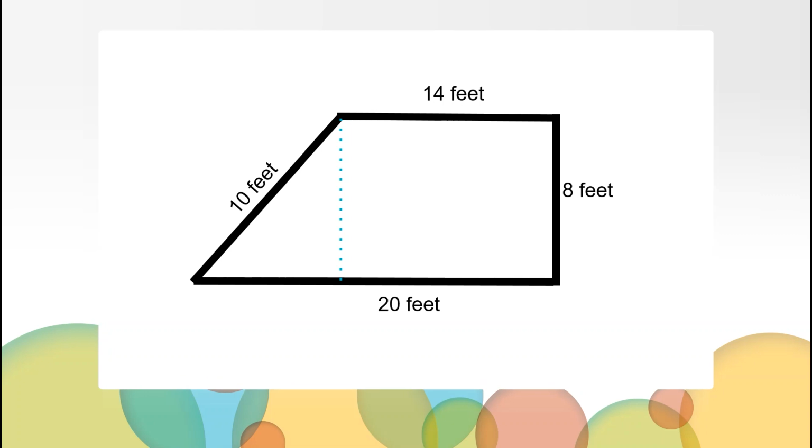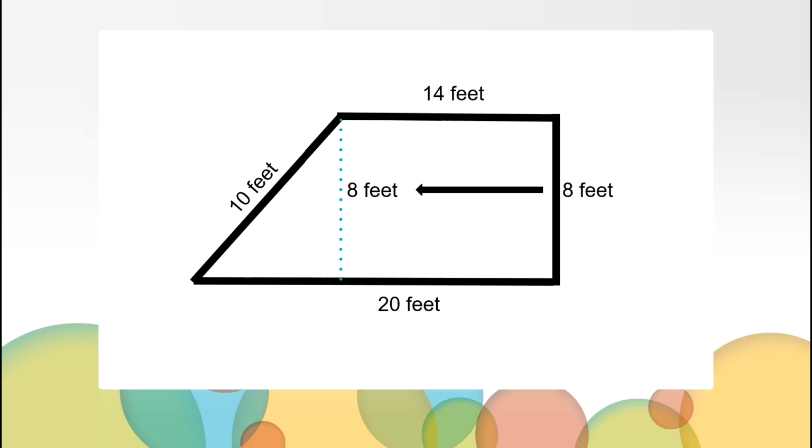Next, she knew she needed to find the area of the triangle. She knew the height of the triangle was 8 feet because it was the same height as the rectangle. Then she had to calculate the length of the triangle.